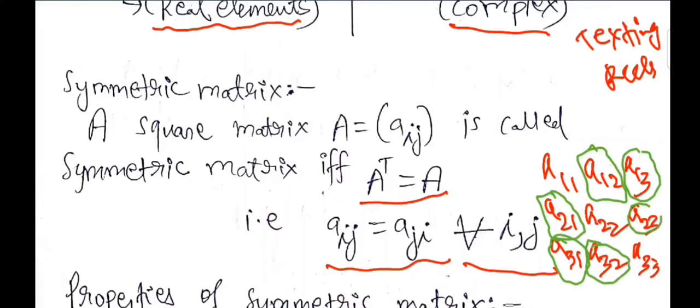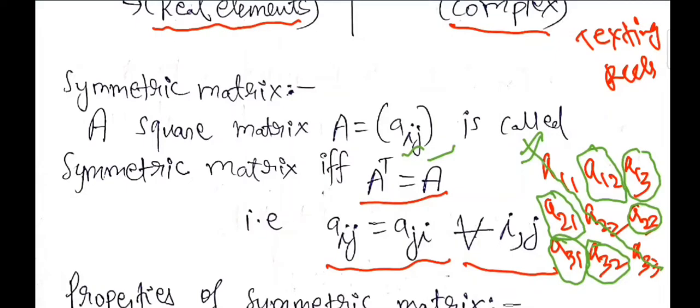So the elements on both sides of the principal diagonal, this is your principal diagonal, are identical, and Aij is equal to Aji for all i and j. If you take the transpose of this, it will clearly be equal to A, as you can see over here.